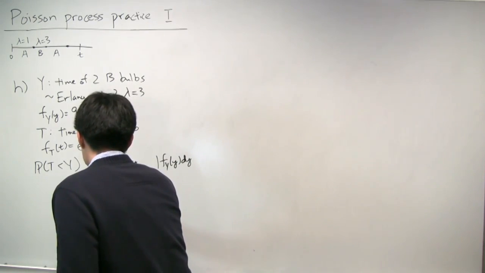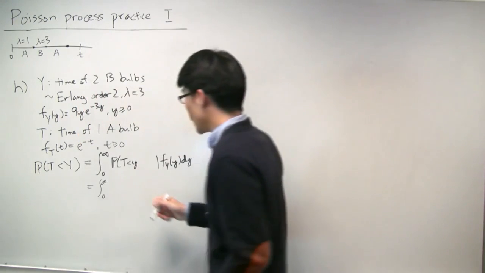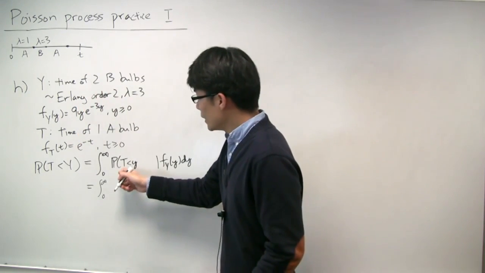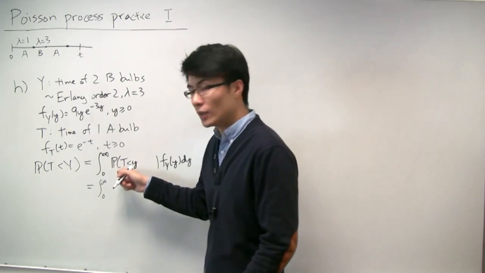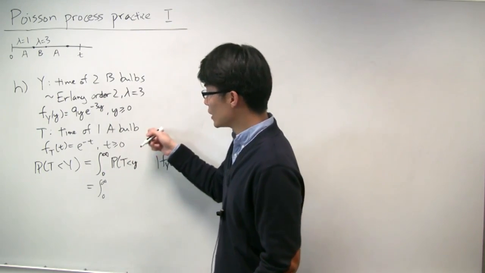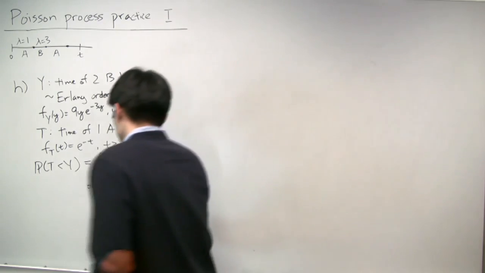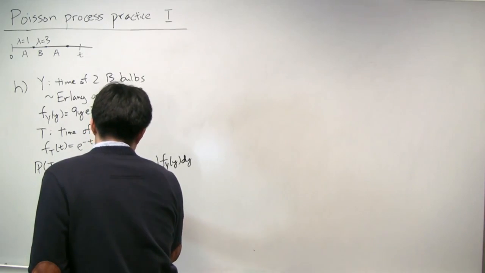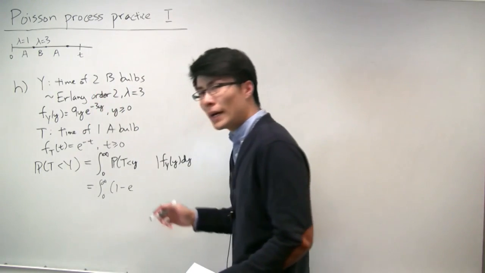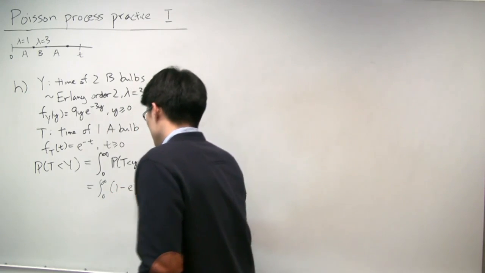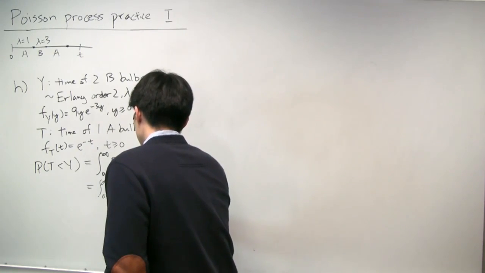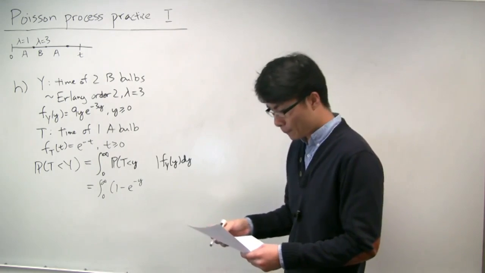So to proceed, let's fill in what these probabilities are. What is the probability that random variable T is less than y? Well, that is just the CDF of T. And T is an exponential. And so we know that the CDF of an exponential is just 1 minus e to the minus lambda t. In this case, it's going to be 1 minus e to the minus y because lambda is 1.